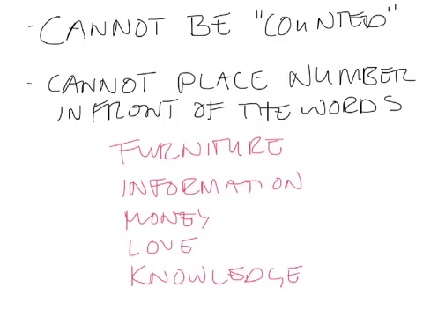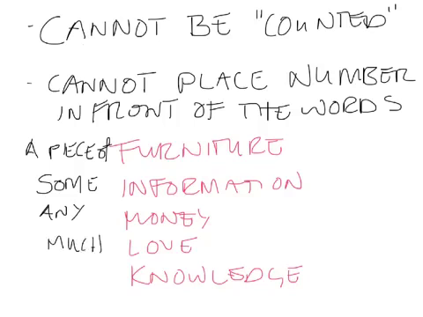What we do is substitute that with other words. So, for example, you say a piece of furniture, or we say some information, any money, much love, a little knowledge.